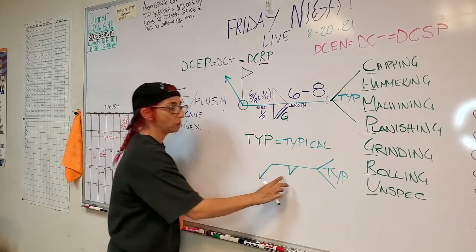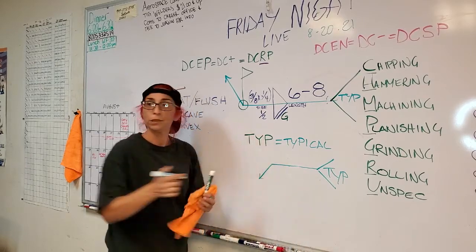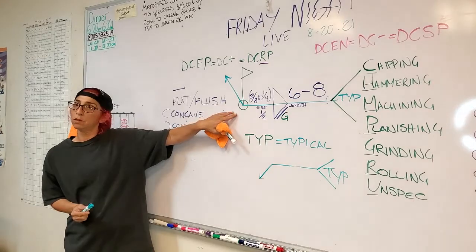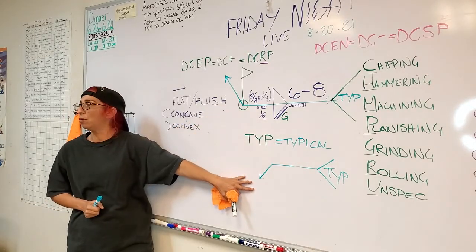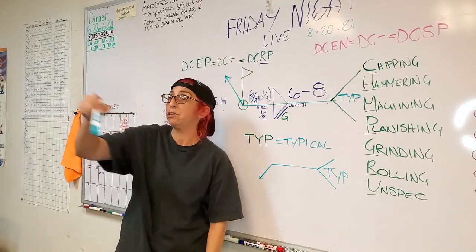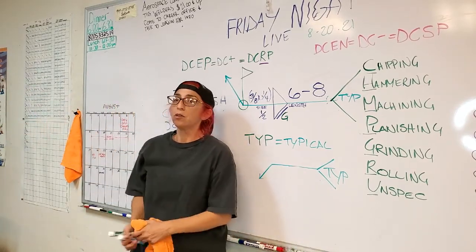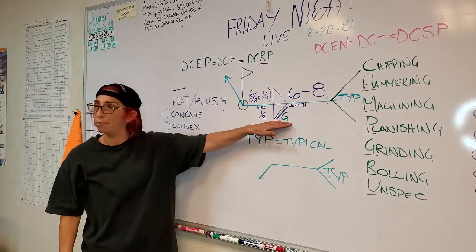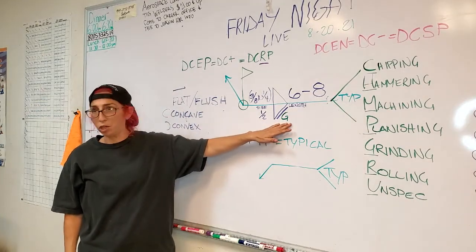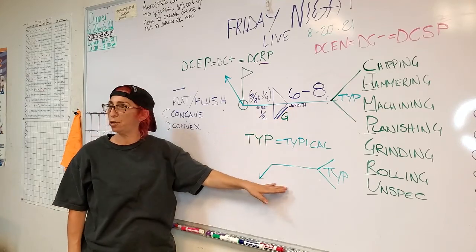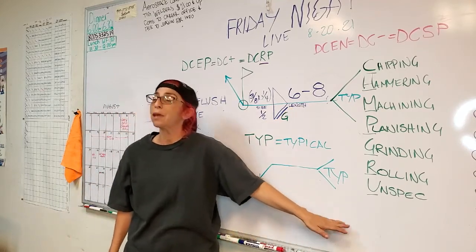Or you might not even see anything here. This might be like that, and it only details one out. So every time that you see this with a typical, we know that's going to be the same for all of these welds. So it's kind of a shorthand, so I don't have to write it out a bajillion times. I can say the typical weld is this. I'm pointing to this one, this one, this one as a typical weld.